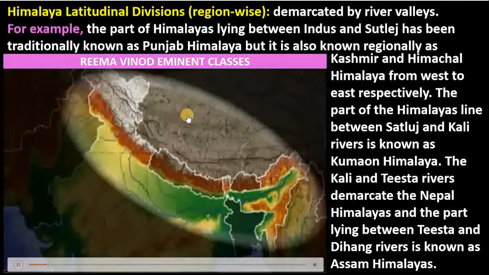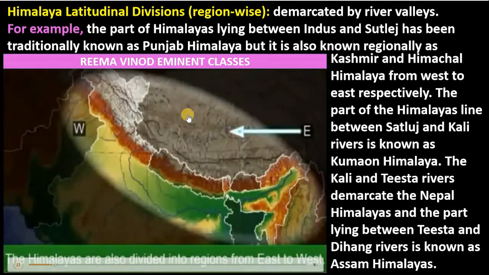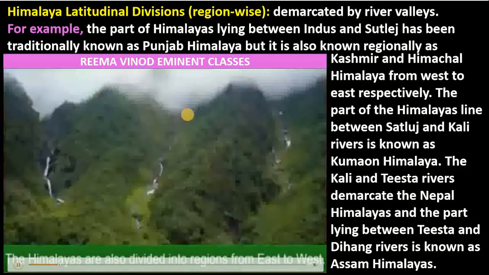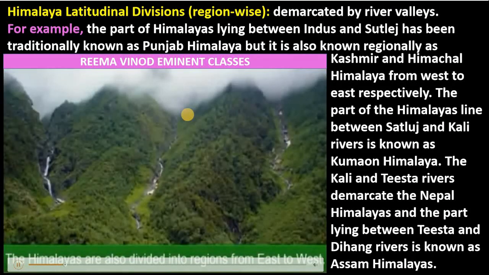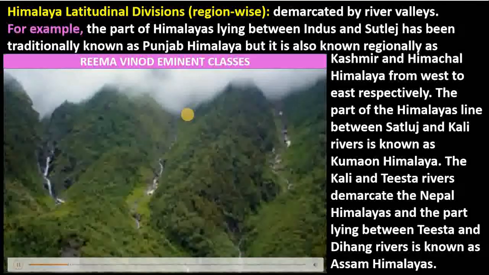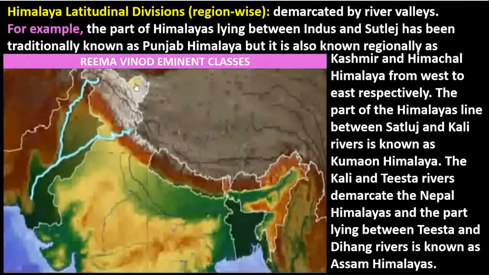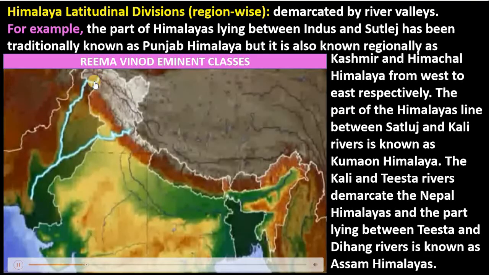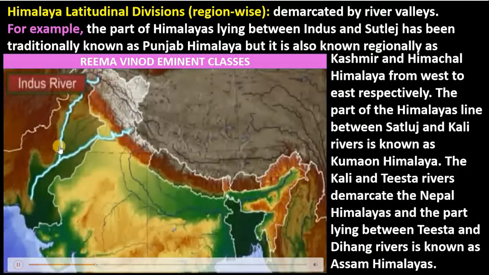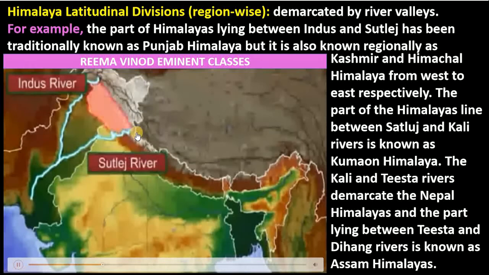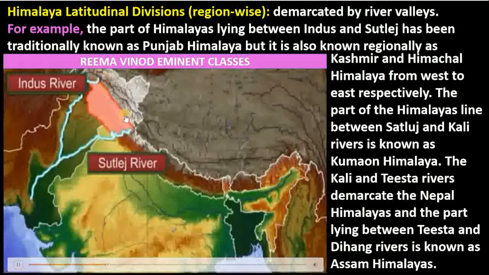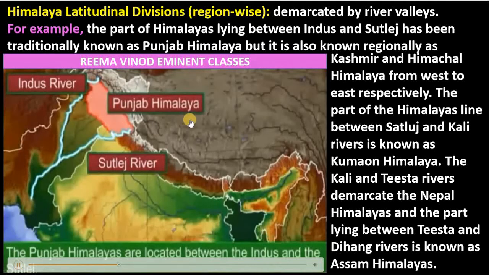The division has been demarcated by the rivers which originate in these areas and divide the Himalaya, meaning some river is crossing through the range, so that has divided the Himalaya area. Now you can see here this is the Indus river and the other is the Satluj river, and the Himalaya part lying here is the Punjab Himalaya.